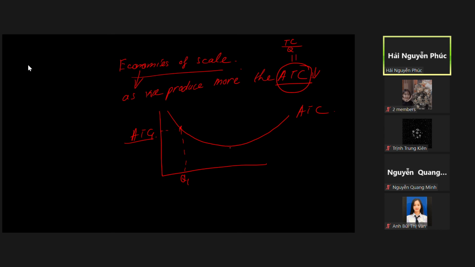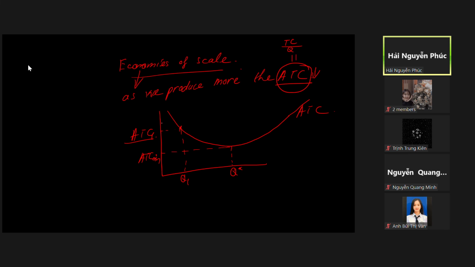Rõ ràng nếu chúng ta tăng sản xuất đến mức sản lượng Q sao chẳng hạn, thì ATC sẽ được tối thiểu hóa, là mức ATC min. Từ đó lợi nhuận mà chúng ta có thể thu được sẽ lớn hơn. Hiểu ý tưởng này không nhỉ?